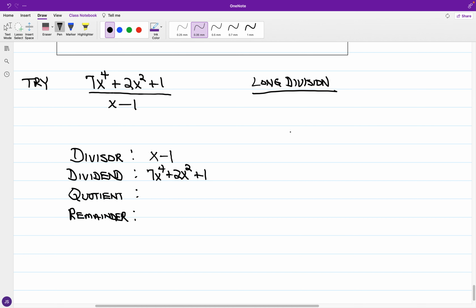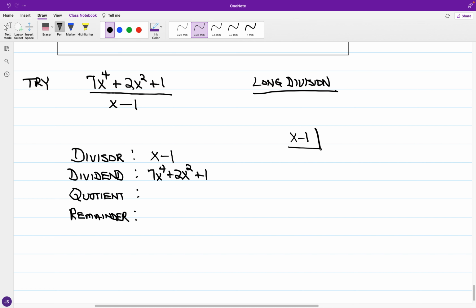Okay, so you have the divisor into the dividend. So you have x minus 1, and we have taking into the dividend the first term, highest order term, 7x to the fourth. Notice that the next term is 2x squared, so we're missing a cubic term, so I want to use an x cubed 0 placeholder.